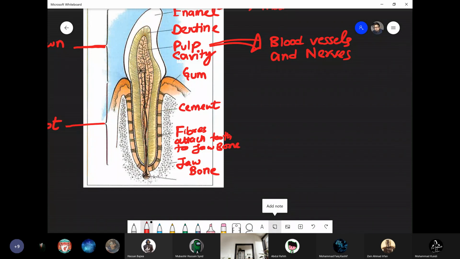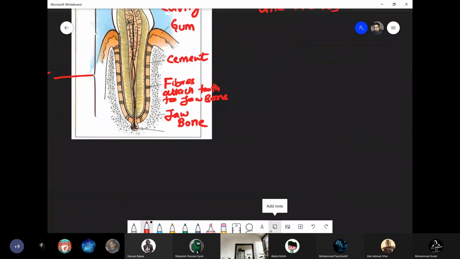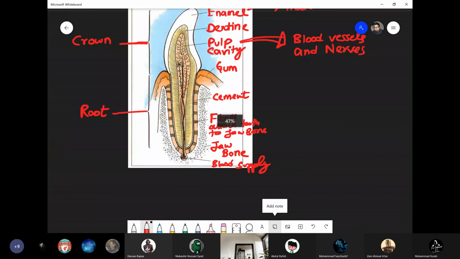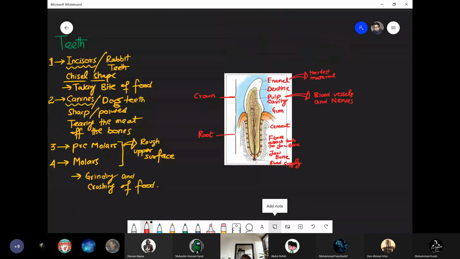Right, boys? These fibers also help in keeping the tooth in its place. And last one, this over here is the blood supply to the tooth. Understood, everyone?